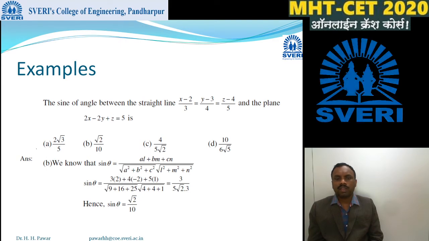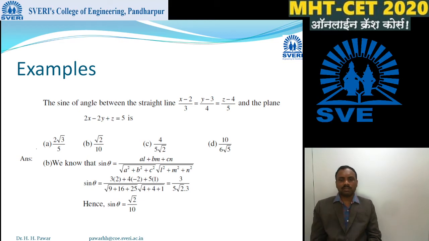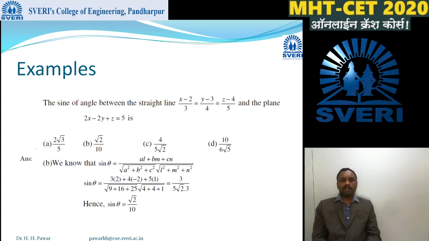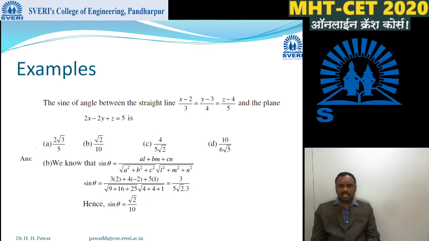So here A equal to 2, B equal to minus 2 and C is equal to 1 in this case. By using the formula sin theta is equal to (AL plus BM plus CN) divided by square root of (a square plus b square plus c square) into square root of (L square plus M square plus N square), then put the values of A, B, C in this case.